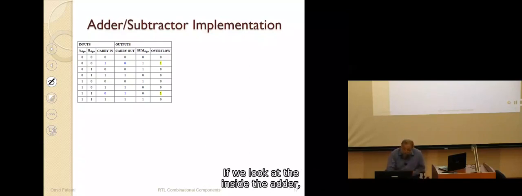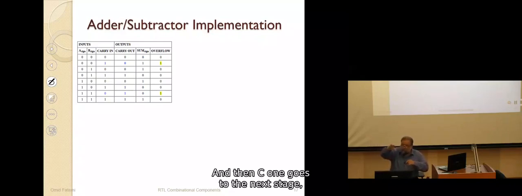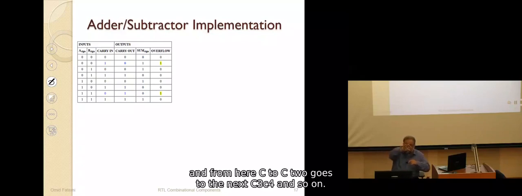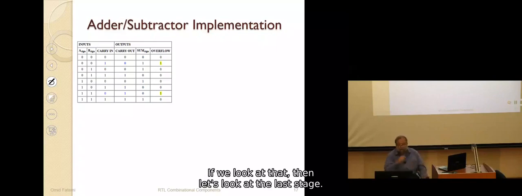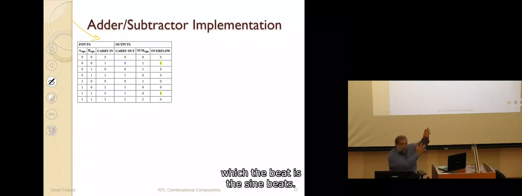If we look inside the adder, the full adder, C0 comes first, then C1 goes to the next stage, and from there C2 goes to the next, C3, C4, and so on. Let's look at the last stage, the stage of the sign bits.